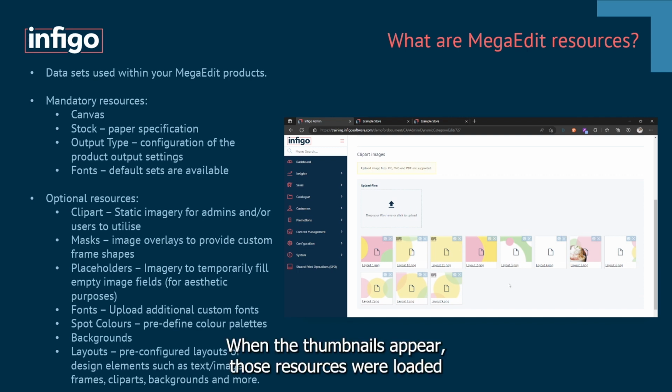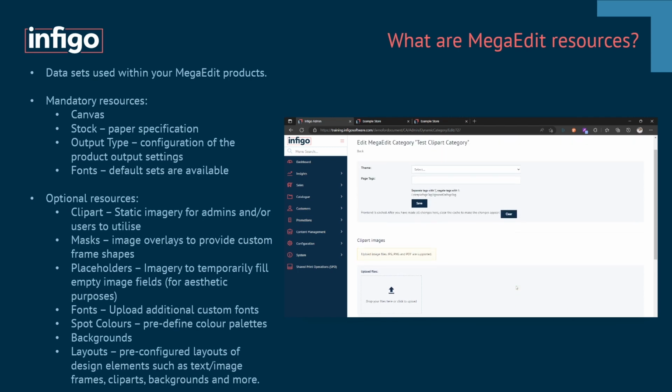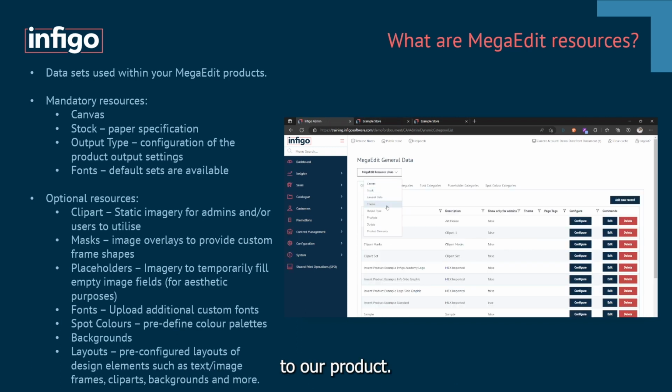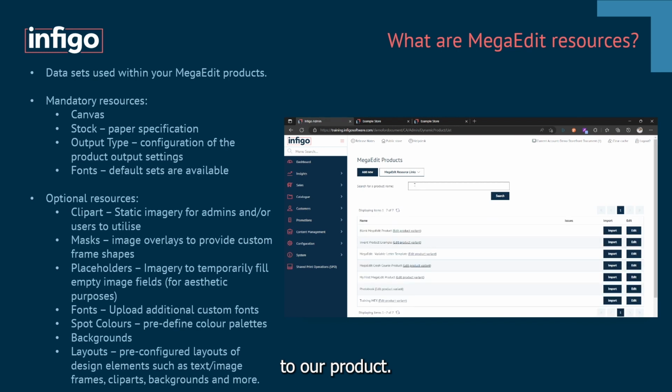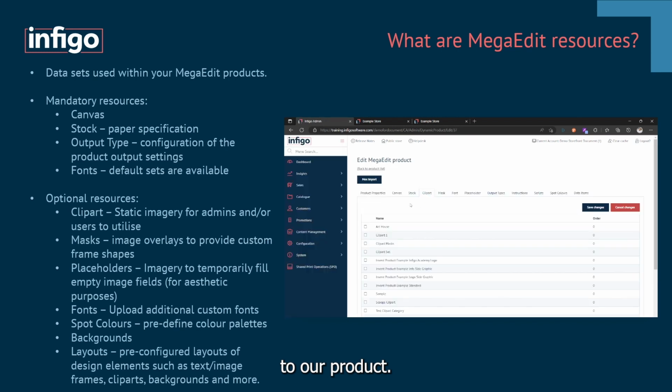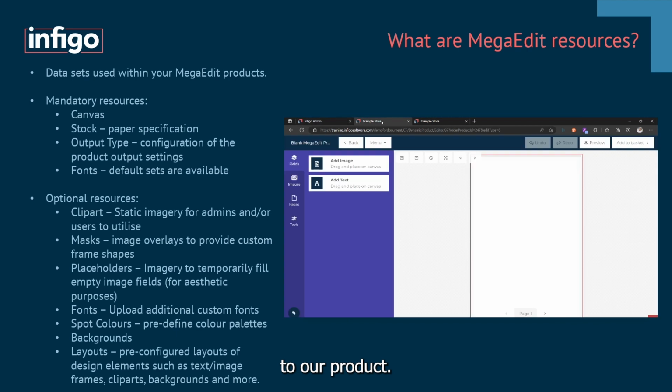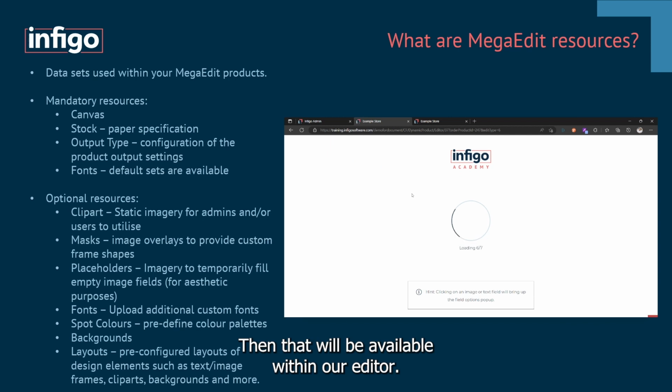When the thumbnails appear, those resources are uploaded, and now it's just a case of assigning that to our product. Then that will be available within our editor.